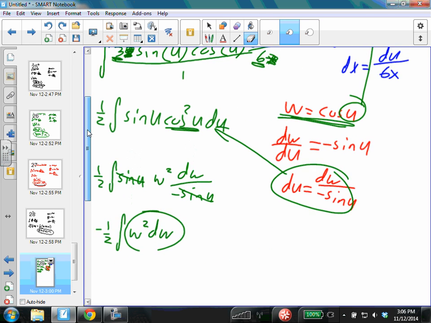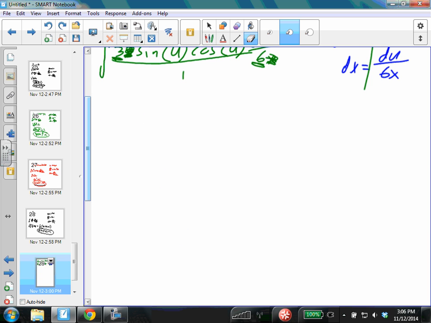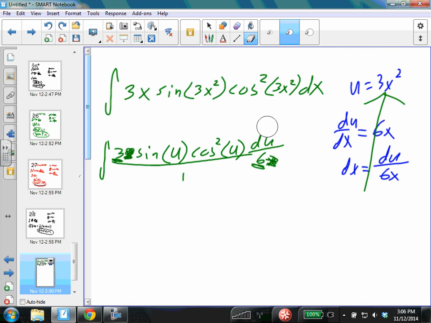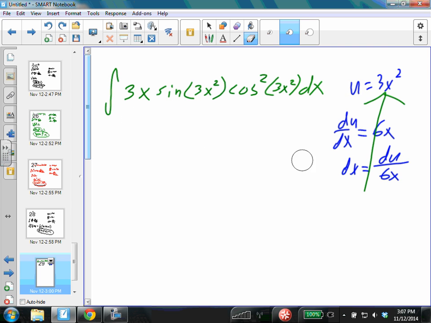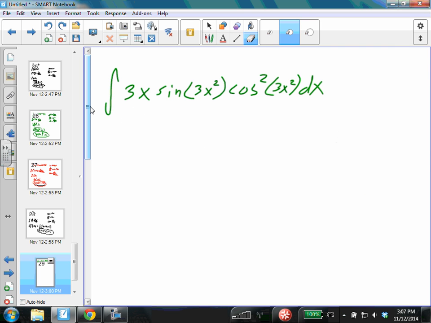So I'm going to go back up here. And now let's pick a different u. Cece, what u were you saying we should pick? Cosine of 3x squared, because it's on the inside of the squared, right?